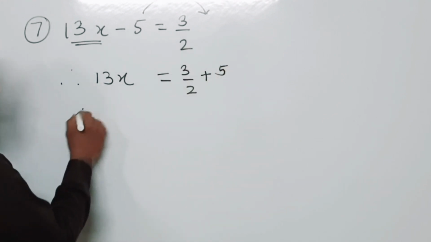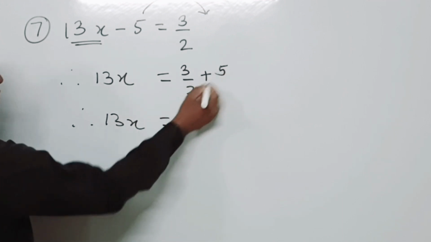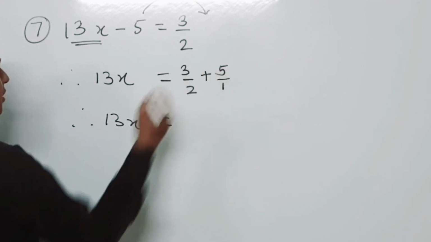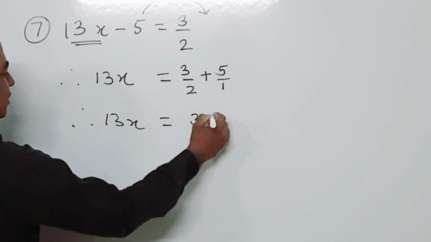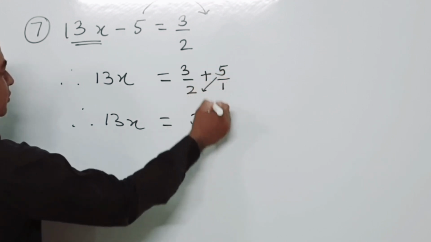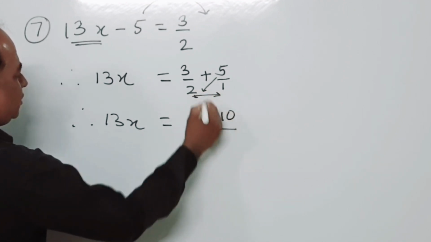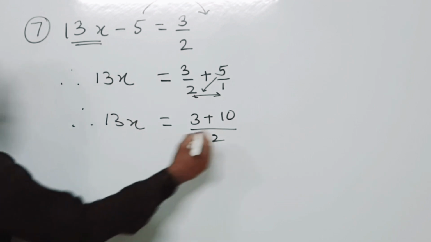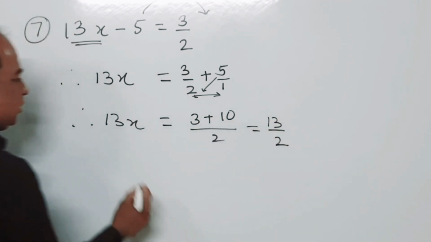Now simplify the RHS, that is the right hand side of the equality. Cross multiply here. Here the denominator is 1. So 3 ones are 3 plus 5 into 2 is 10, upon 2 ones are 2, which is equal to 30 upon 2.